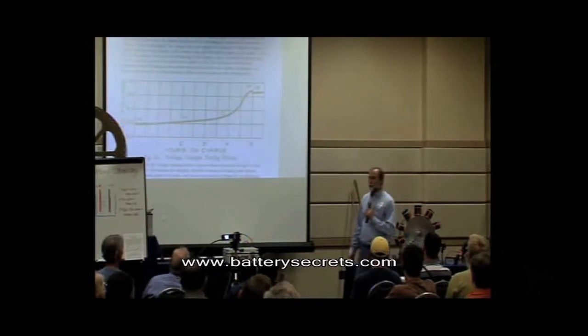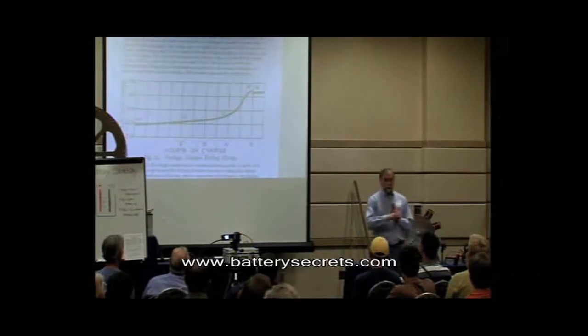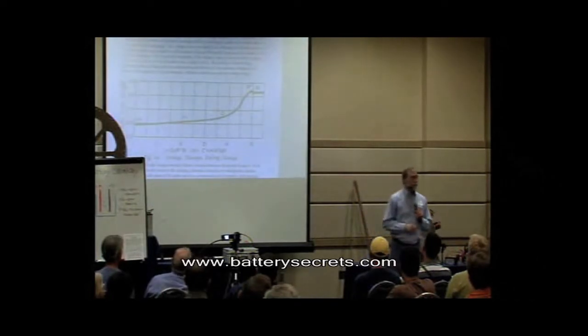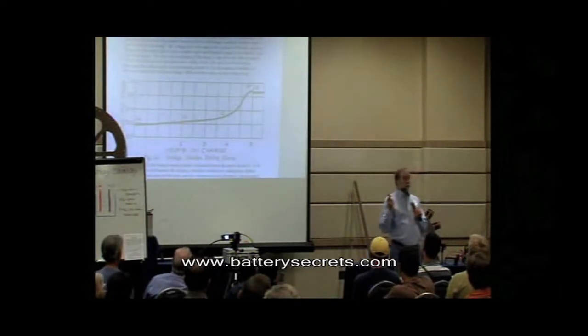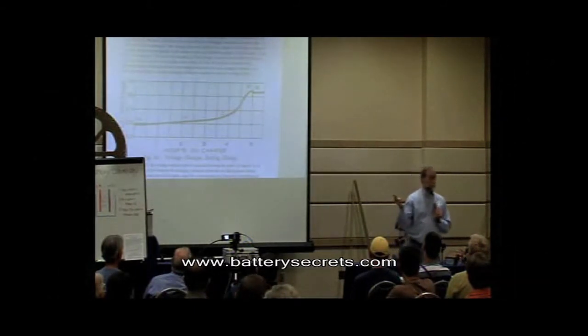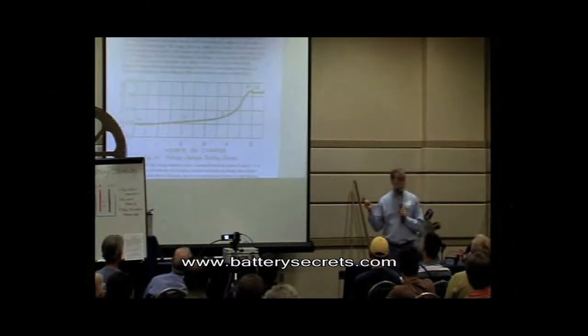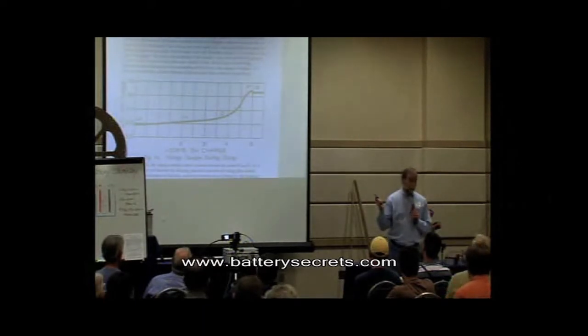Most battery chargers that you buy commercially are similarly configured so that they will let the voltage on the battery under charge rise to 14.7, and when it gets there, it says, done. Everybody's happy. Everybody except the battery.